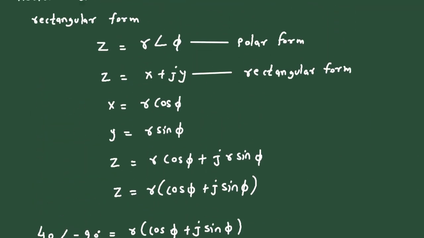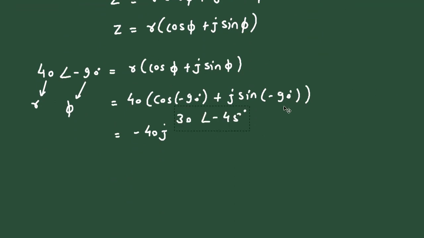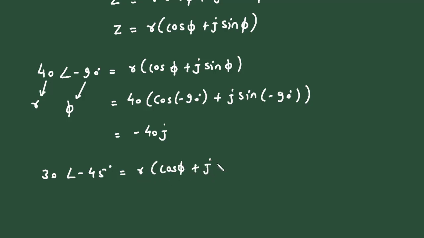Now similarly we will do this for 30 at an angle minus 45 degree. The same formula we use here: R in bracket cos phi plus J sin phi. This is the formula used to convert from polar form to rectangular form. This is R and this is phi.